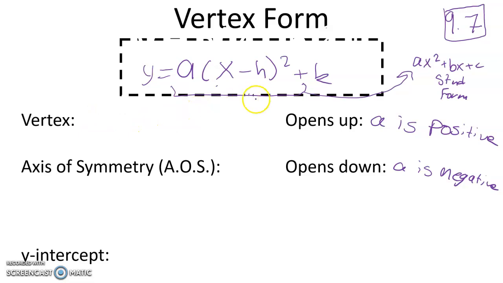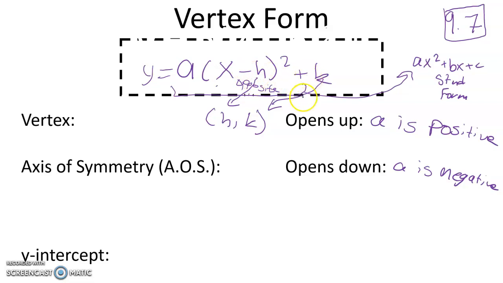Now the vertex, I'm actually going to write it over here. It's essentially this number here, h, because again, h and k and a are just going to be replaced with numbers, and this k value here. Now, I'll get into this more when we start doing this, but this h value is going to be opposite the sign right here.